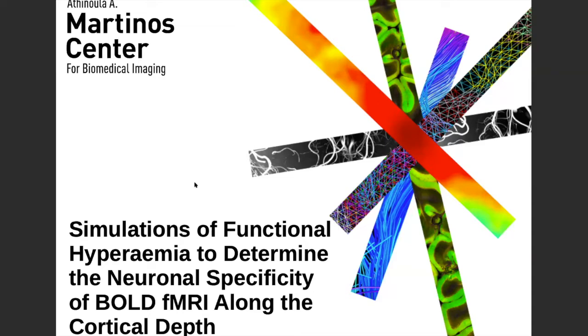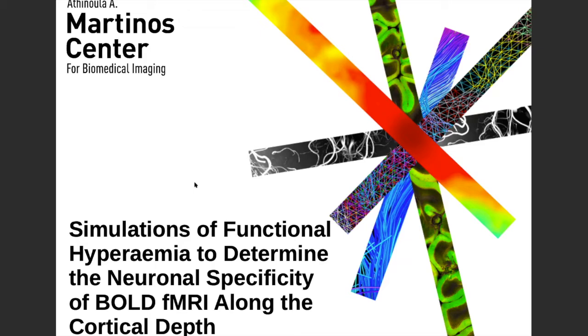So hello. The idea of my project is really to simulate fMRI. That is something that has not yet been achieved with an arbitrarily high degree of realism. There are already good simulations, but they always use certain approximations.